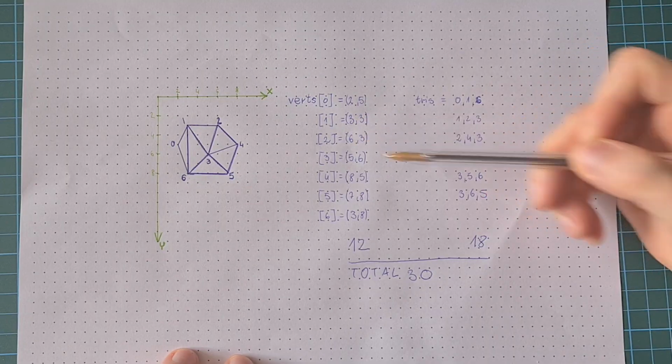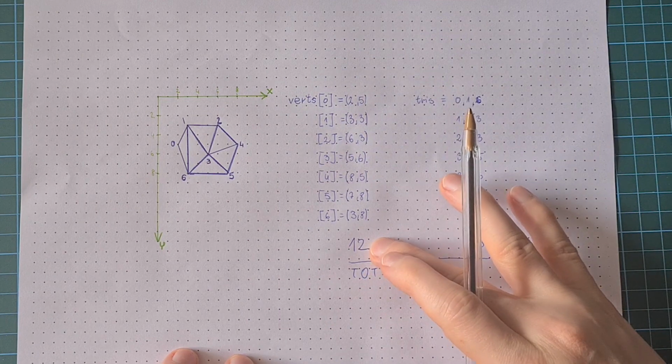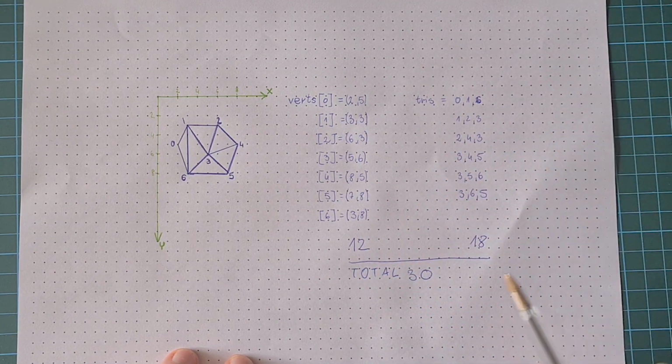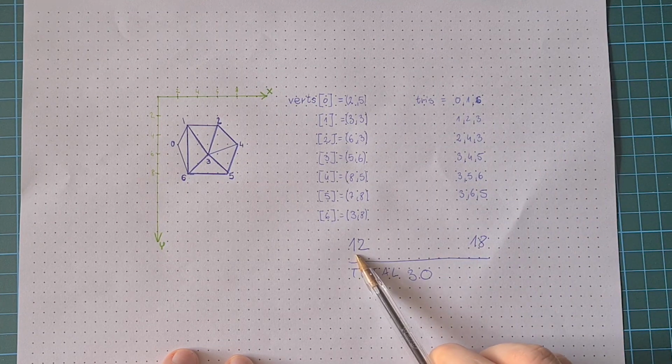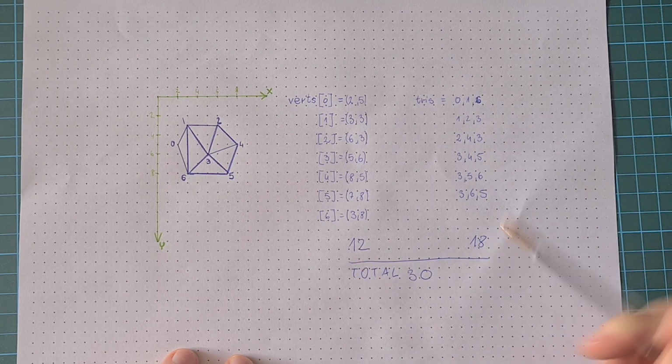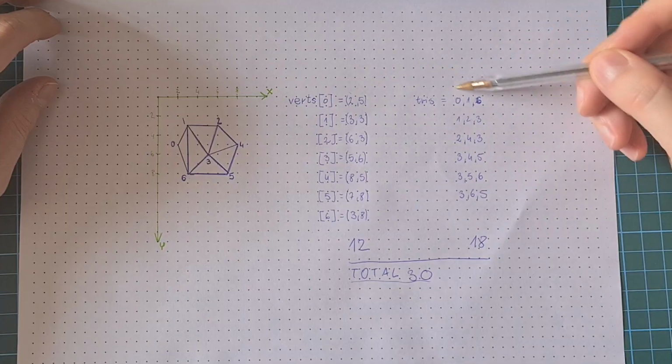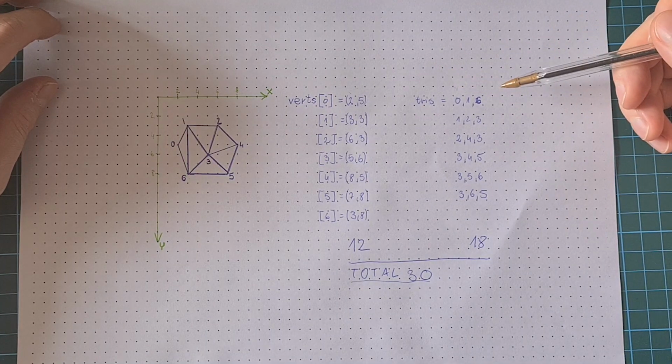If we assume that every number is the same size, to represent vertices we need 2 numbers, and to represent triangles we need 3 numbers. Total here is 12 numbers for vertex list and 18 for list of triangles, so total of 30. If we were to repeat the full coordinates of vertex for each triangle, we would have 36 numbers already.